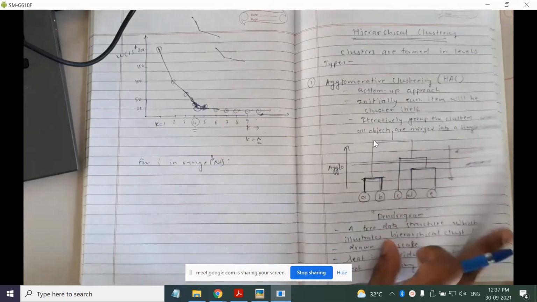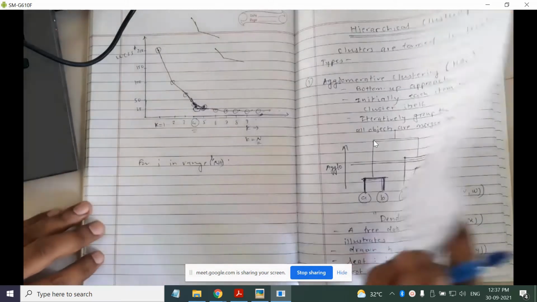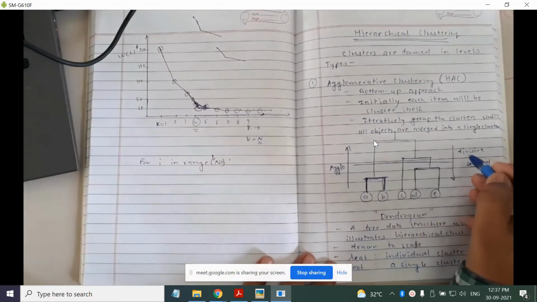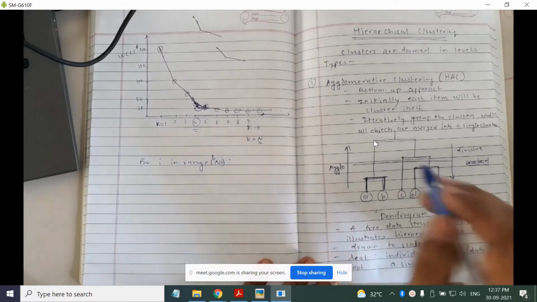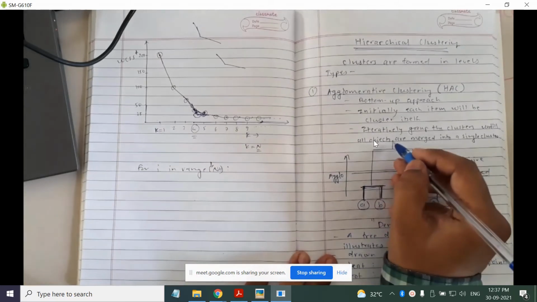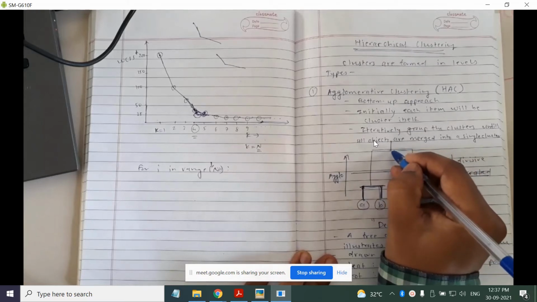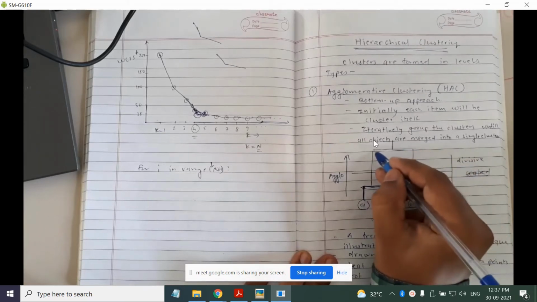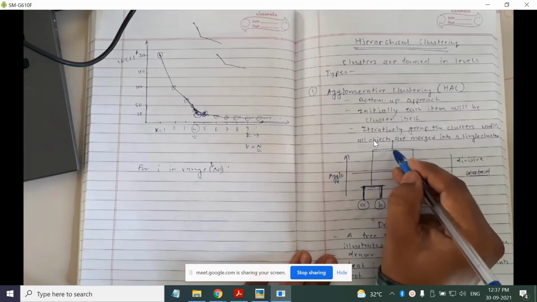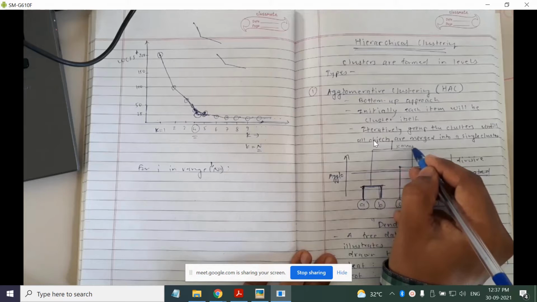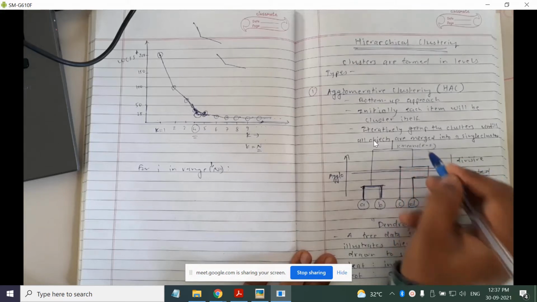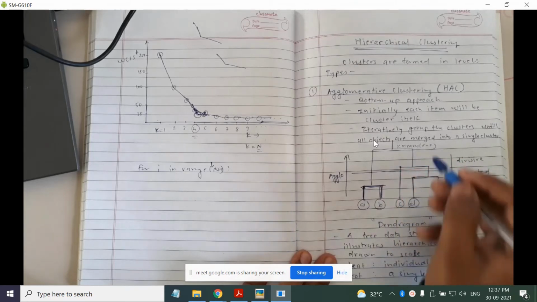One thing that I missed that day is that in divisive you can call the k-means algorithm. Consider I am starting with the entire cluster. If I want to split this one cluster into two, I will call the k-means algorithm with k equals 2.